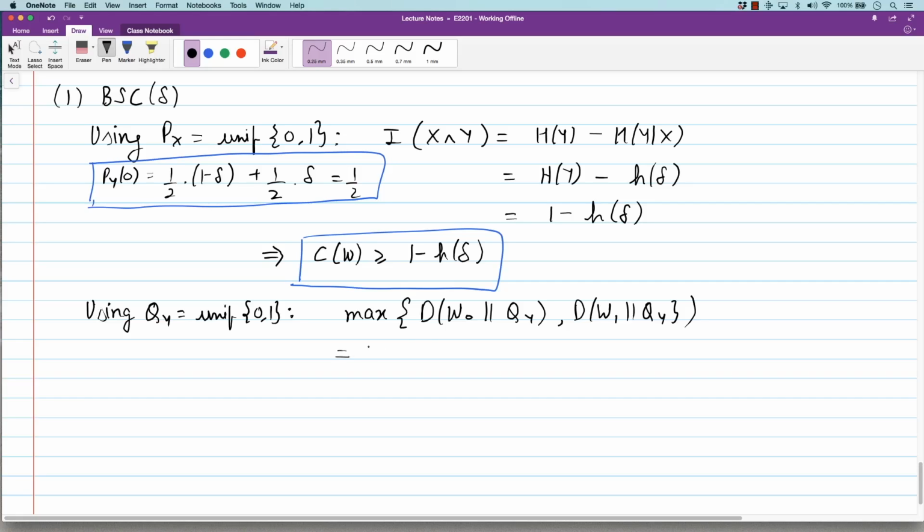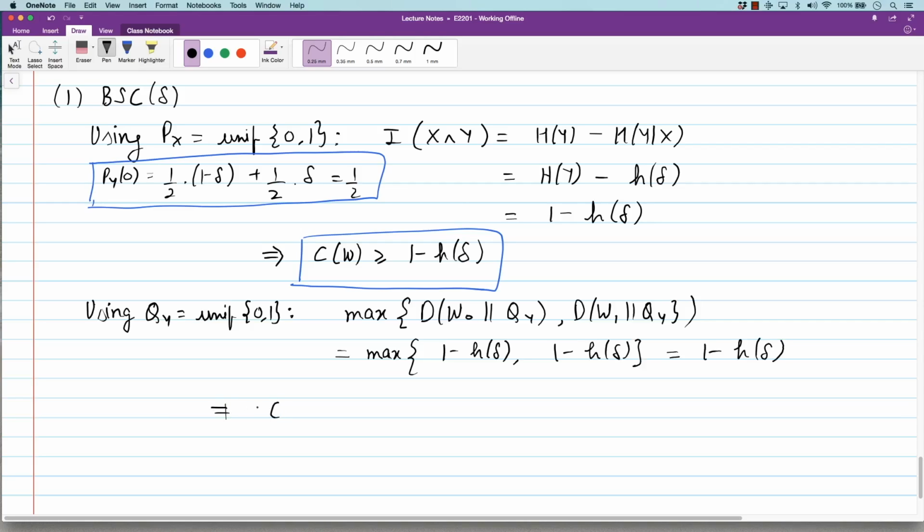This is equal to max of, so what is the divergence between W_0 and uniform? Actually you can check this, that's exactly 1 minus h(delta), and this is also exactly 1 minus h(delta). Okay, so this max is just 1 minus h(delta).